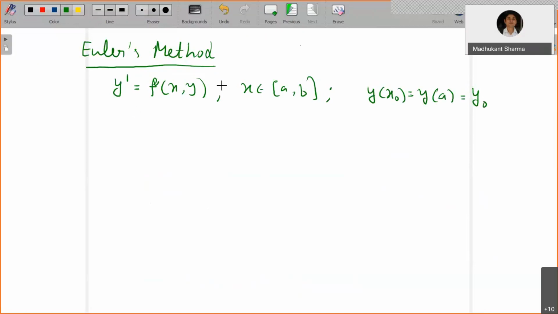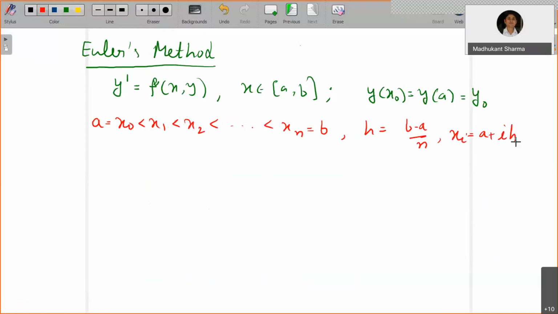Then we want to find the value of y at point B. How do we reach this B? We create the partition A equals x naught less than x1 less than x2 and so on, less than xn equals B, where h equals (B minus A) by n, and the xi's are nothing but A plus ih, for i equals 0, 1, 2, and so on, n.